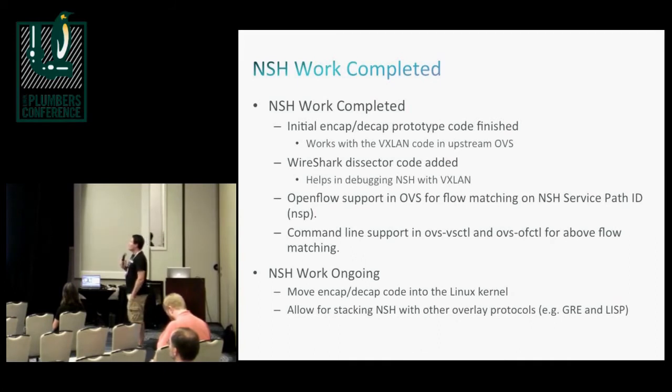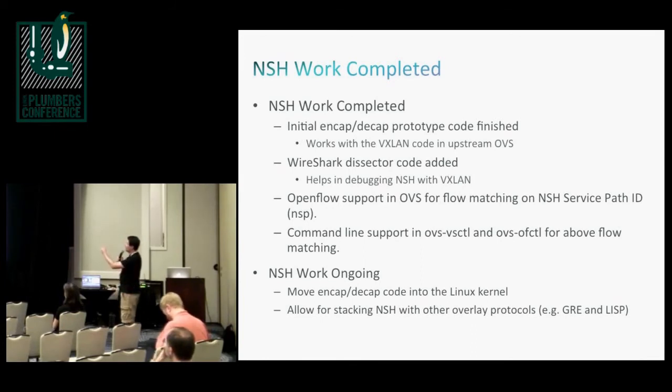It turns out it was maybe not the best time to do it, as Jesse knows, with all the changes in OVS around upstreaming, combining the tunneling code, collapsing it with the upstream tunneling code. We spent a lot of time rebasing and reworking that, and likely one of the things that we have to do, on the bottom there, is move the encap, decap, the NSH stuff into the kernel rather than tying it into OVS, but it allowed us to kind of prototype this, at least initially, like that.